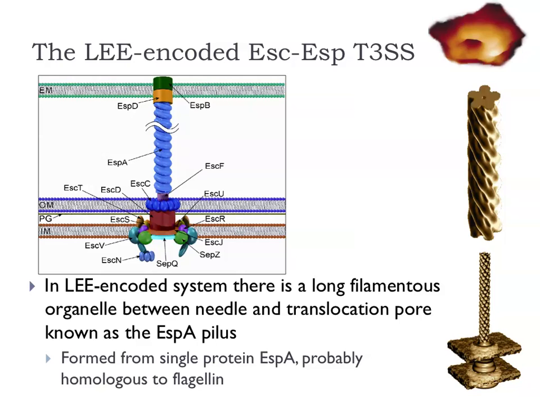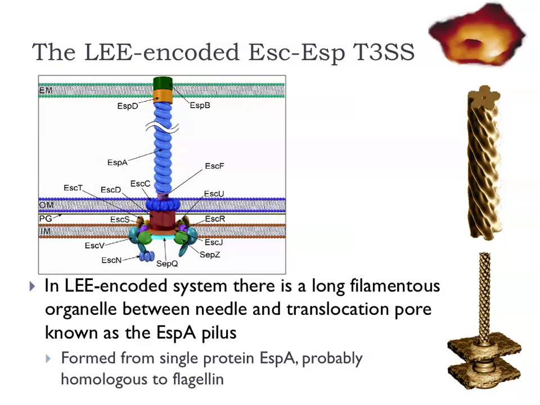But in addition, there's this long filamentous organelle between the needle and the translocation pore, which is known as the EspA pilus. This is a bit like the flagellar filament, in that it is the result of polymerization of a single protein called EspA in this system, which is added to the filament at the far end, just like in the flagellum.